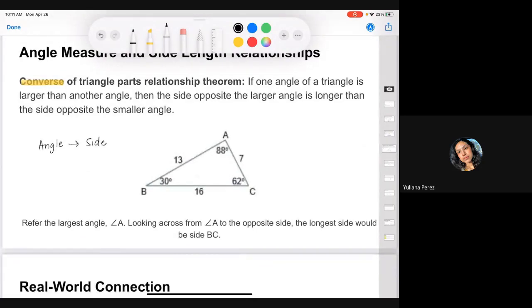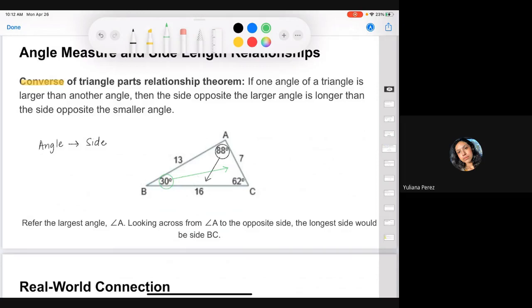So what is the largest angle? 88. And what we notice is opposite that is going to be our largest side. What is the smallest angle? 30. And opposite that is going to be 7. Okay? And so this is how, similarly, we're able to rank our angles and we're able to rank our sides.